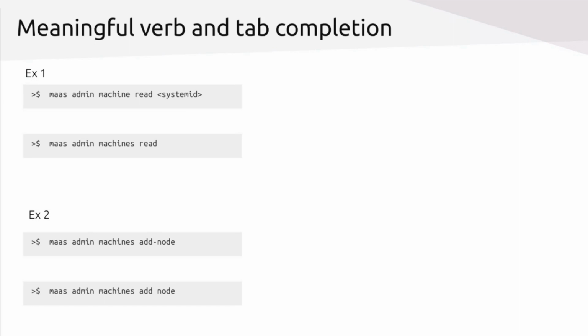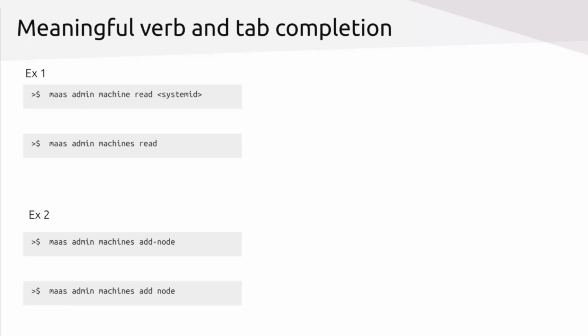When you do tab completion, every time you have more dashes in a command, the more times you have to tab it, and so that is not efficient either. So creating a meaningful verb for a command and making it suitable for tab completion is one of the most fundamental things that you have to think about when designing a CLI.